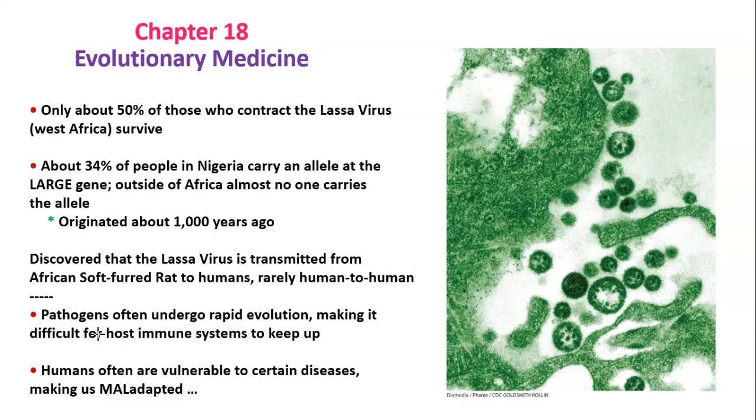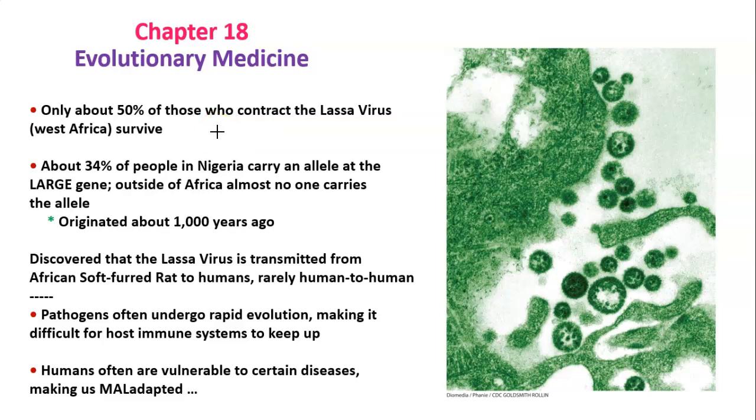Now, the opening story here in our chapter talks about the Lassa virus in West Africa, and the fact that it's one of the most deadly viruses known to humans. Only about 50% of those who contract the Lassa virus actually survive.